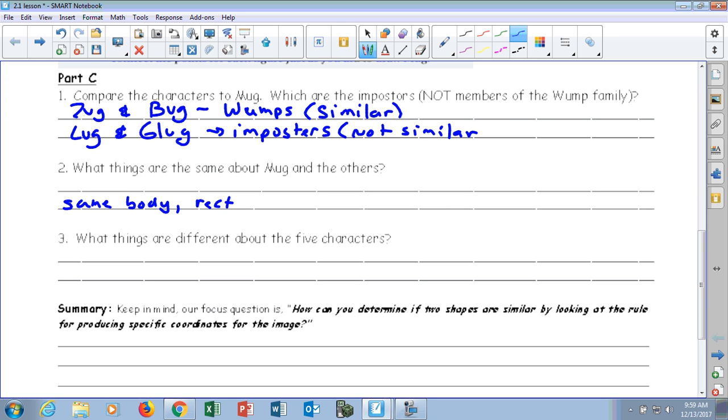They all had a rectangular mouth. What shape was the nose? Yep, they all had a triangle nose. And some, not all, of the angles were the same. Some angles changed, but they had some similar angles.